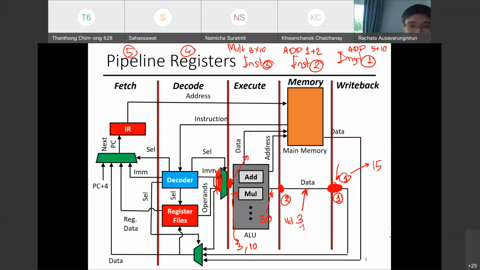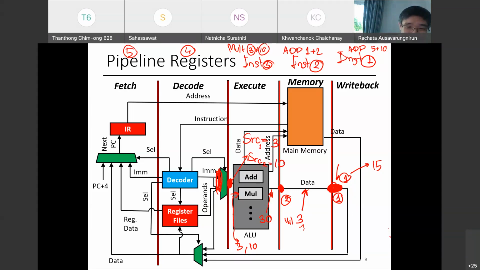Okay, let me rewrite. Source 1 equals 3, source 2 equals 10. Basically, this is source 1 and this is source 2. This is the input to your multiply, basically. Input to the left and input to the right. One is 3, the other one is 10.